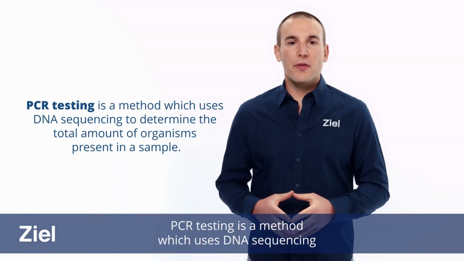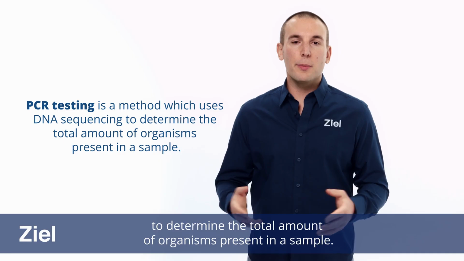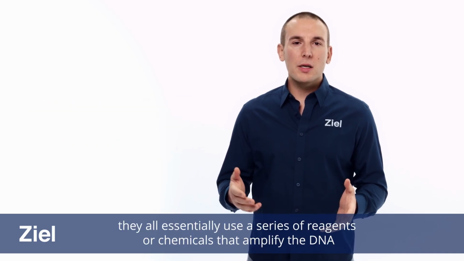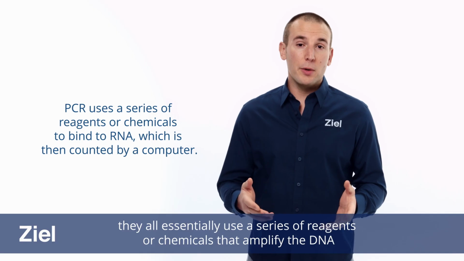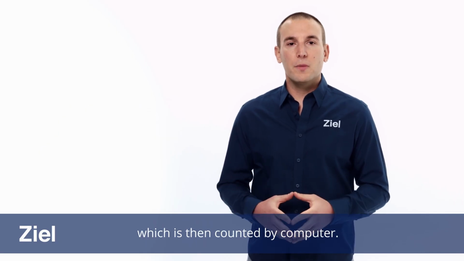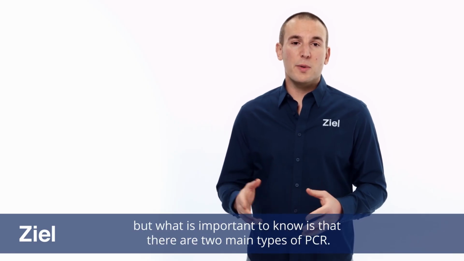PCR testing is a method that uses DNA sequencing to determine the total amount of organisms present in a sample. There are many different types of PCR testing methodologies, but they all essentially use a series of reagents or chemicals that amplify the DNA, which is then counted by a computer. This is a gross oversimplification of the process, but what is important to know is that there are 2 main types of PCR.